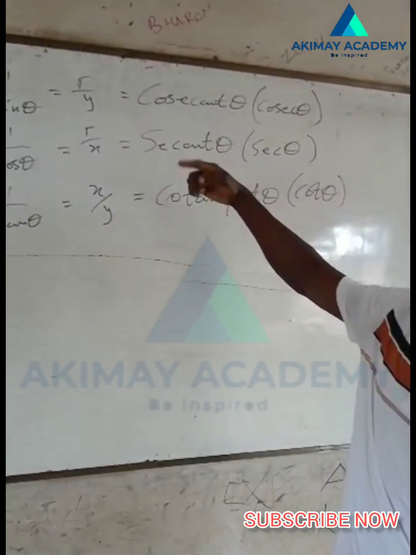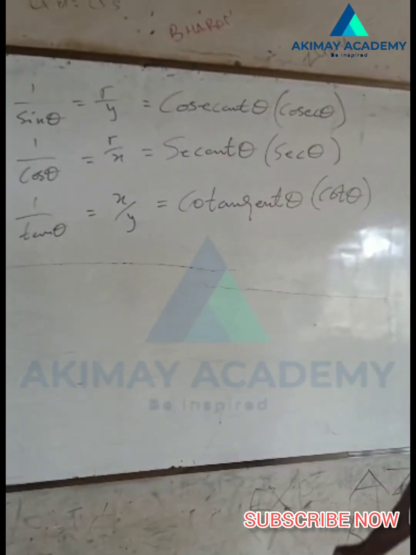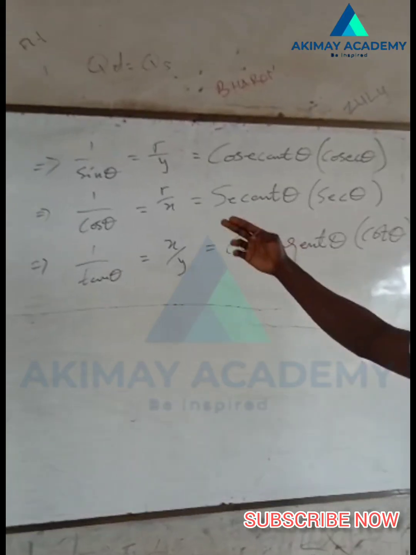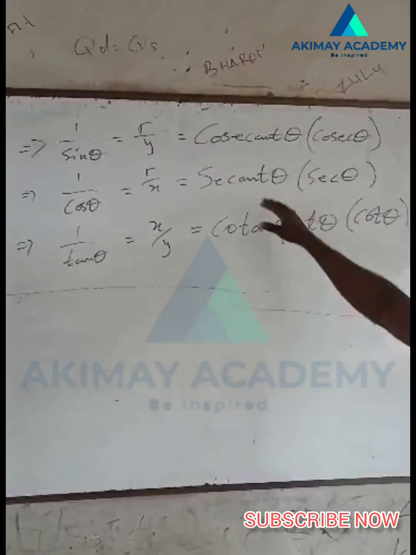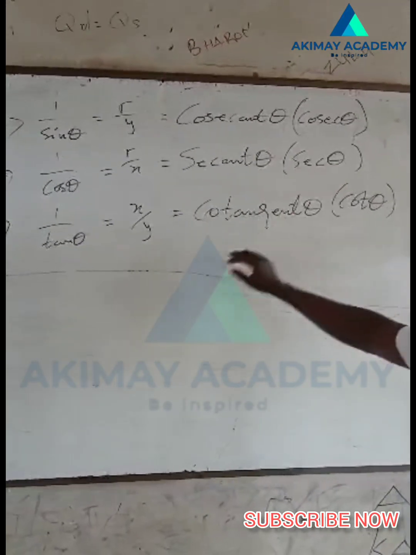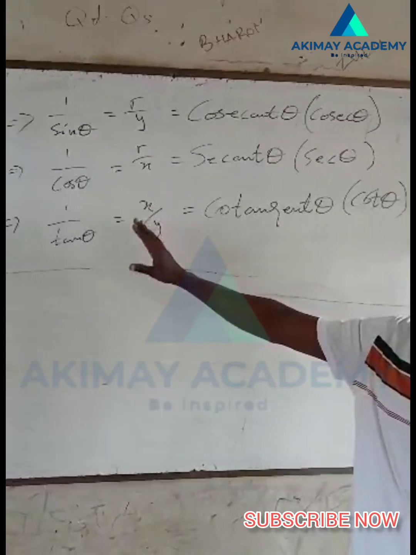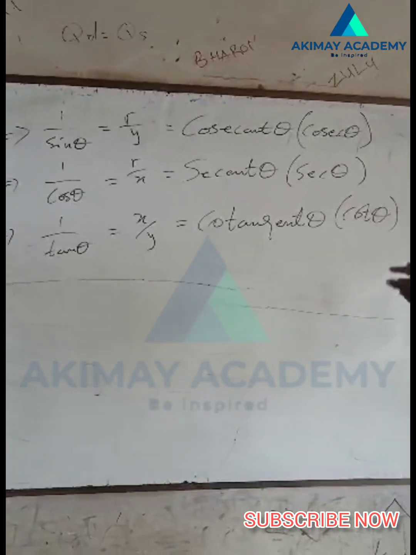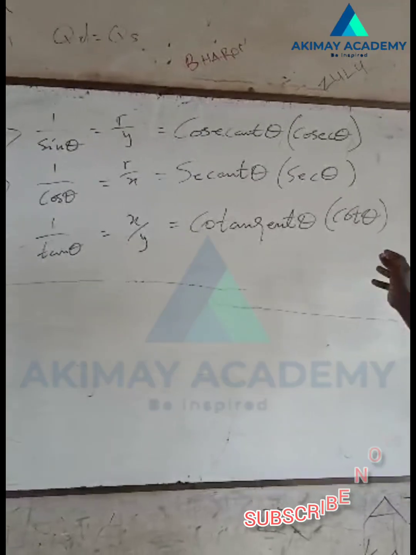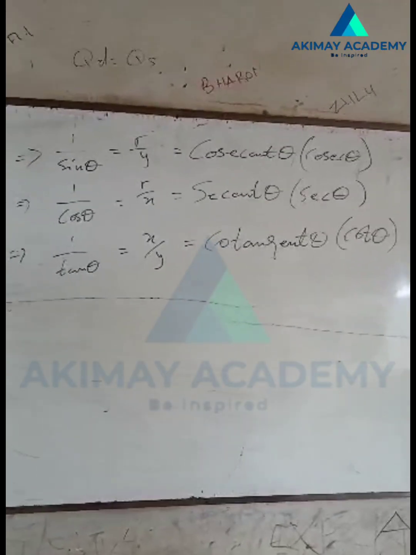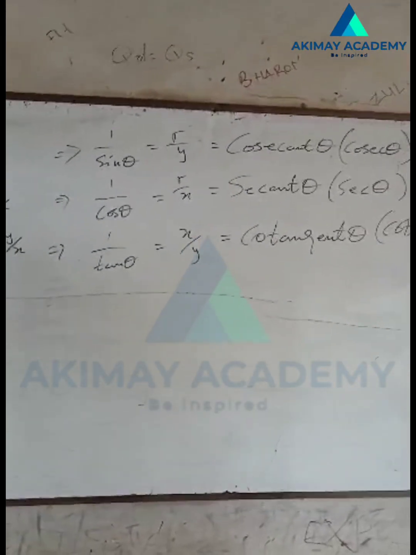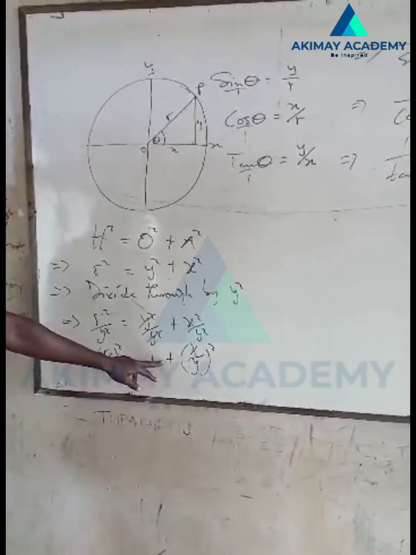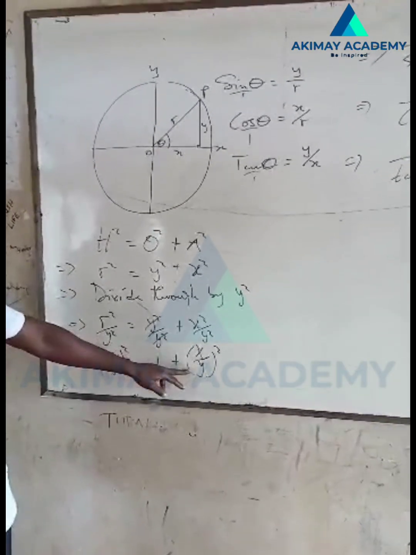So whenever you reciprocate sine theta, we are getting cosecant or cosec theta. 1 out of cos theta is going to give us secant theta, which is sec theta. 1 out of tan theta is giving us cotangent theta, which we shorten as cot theta. So when we come back to our problem of the day, r out of y all squared equals 1 plus x out of y.